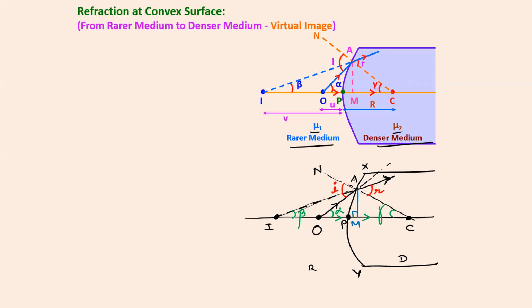Then what will change? The exterior angles will change. The relations between exterior angles are going to change. Otherwise, everything we derive in the same manner. What about the object distance? U, and image distance V, with P only.